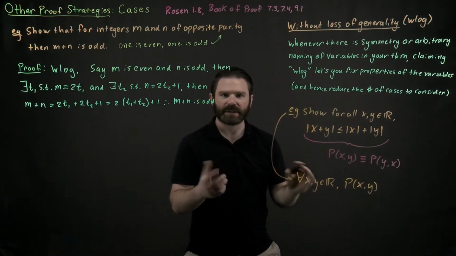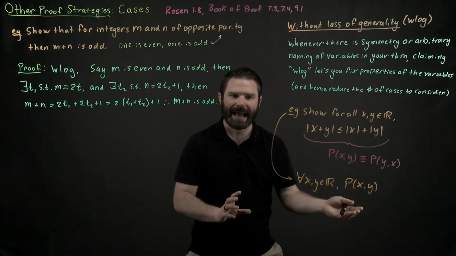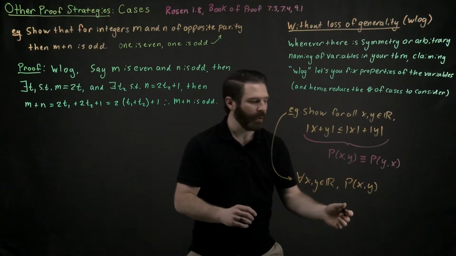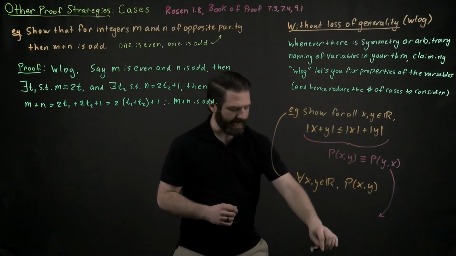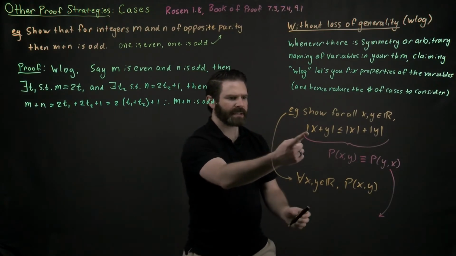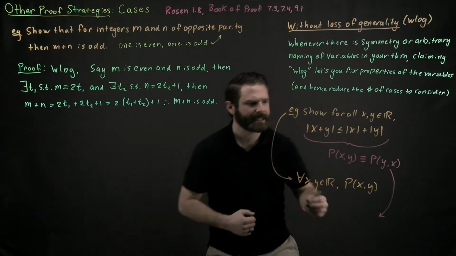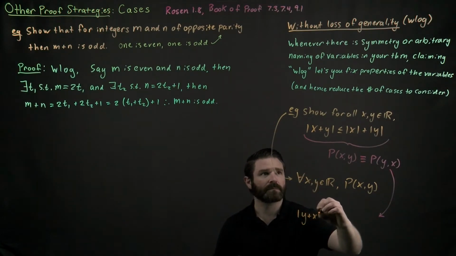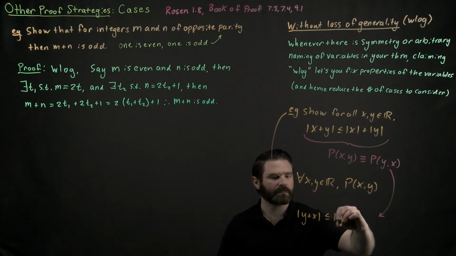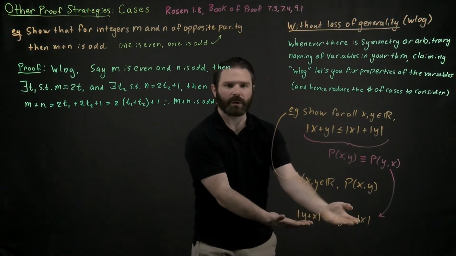So if I were to take this, and I were to simply switch, instead of x and y, I now am looking at y and x, what do I get? Well, that is going to be the same thing as, well, wherever I saw an x, I'm now putting a y, and wherever I saw a y, I'm now putting an x. That would be the same thing as this inequality.